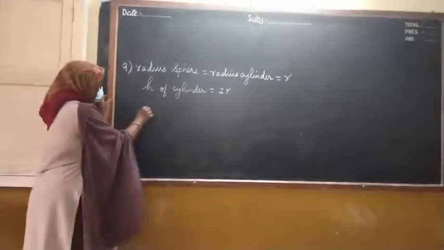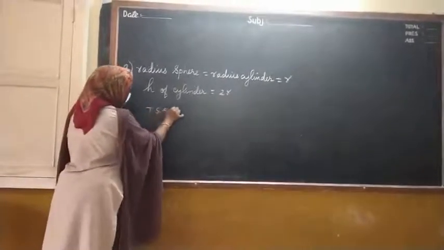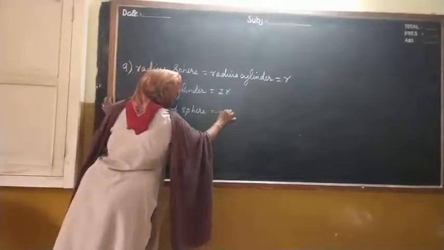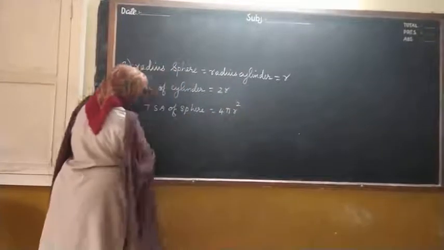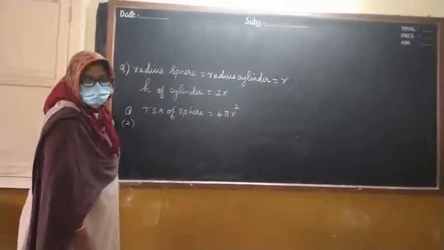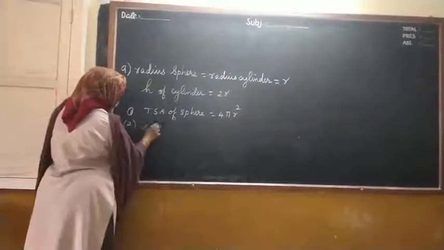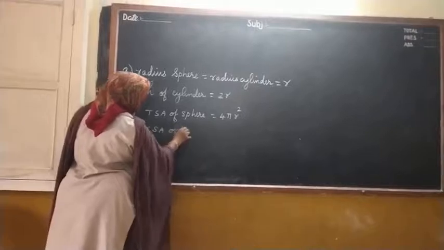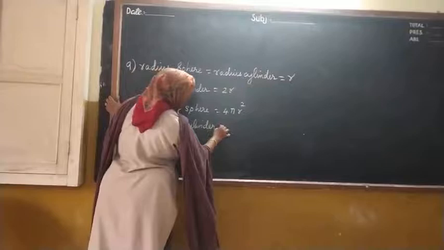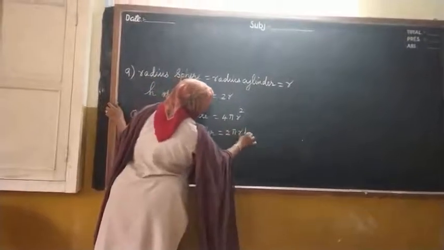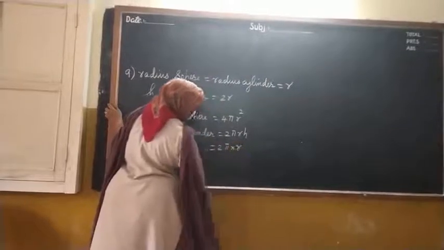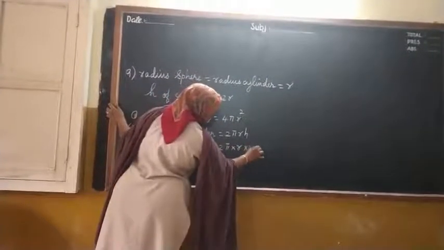Now the first one is the total surface area of the sphere. So it will be 4 pi r square, and the second one is the outer surface area of the cylinder. That is equal to 2 pi rh. So here it will come 2 into pi into r into h, where h is equal to 2r.